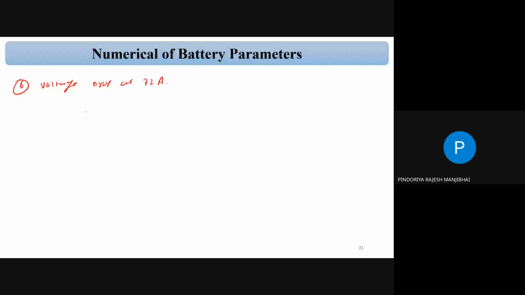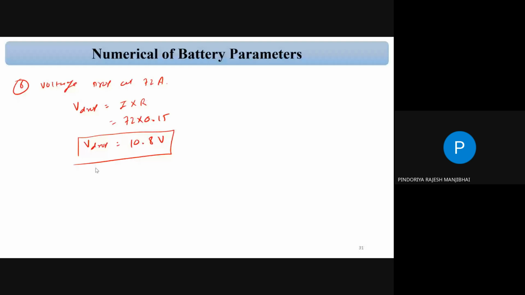Voltage drop is equal to I into R. I is 72, and R we already calculated as 0.15. So the voltage drop is equal to 10.8 volt. So this is your voltage drop.